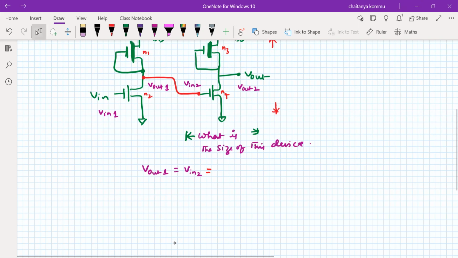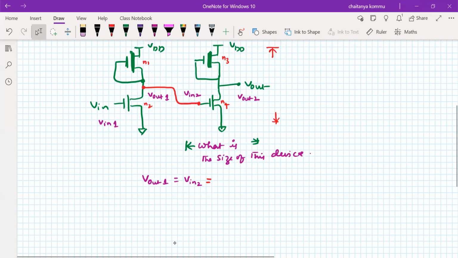This is observed whatever the input voltage that we apply. For example, this is called VINV, the inversion voltage. For example, VIN1 is equal to VIN2 is equal to VIN, some voltage. That voltage is equal to VDD divided by 2.